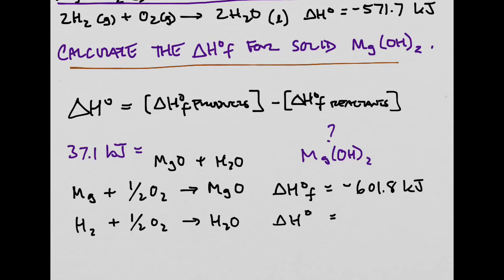And when you divide that by 2, it becomes negative 285.85 kilojoules. And you can check that with the diagram that I gave you, or the table that I gave you guys earlier, to see that that is indeed the standard enthalpy of formation for water. And also you can confirm this because the water is made up of just these elements, hydrogen and oxygen.